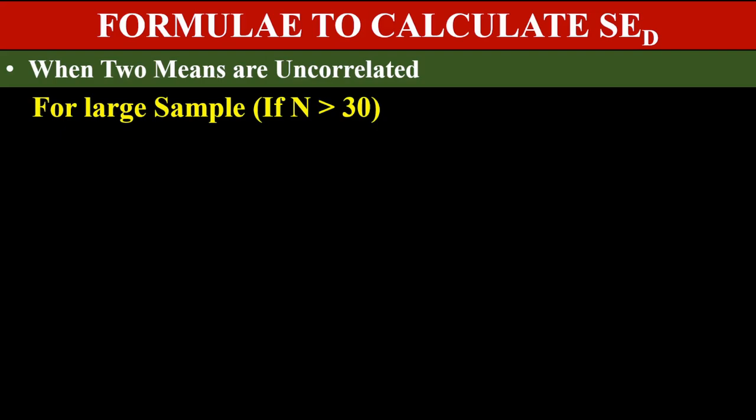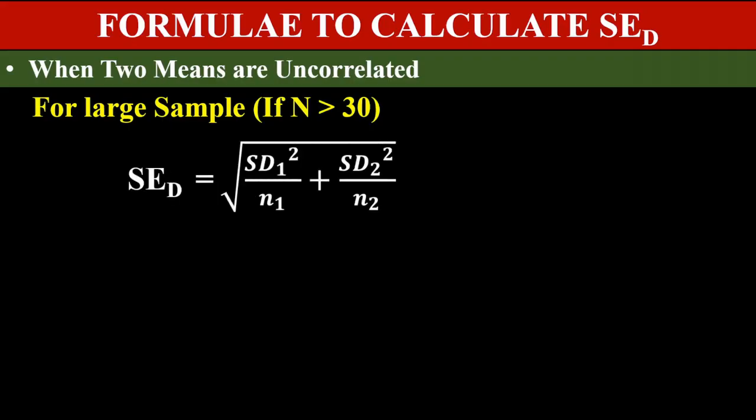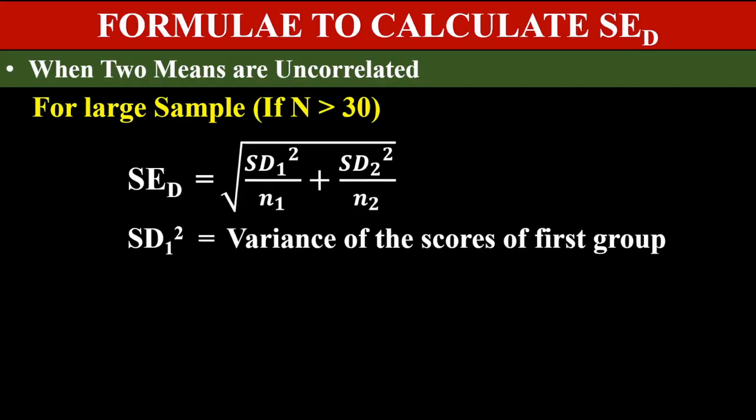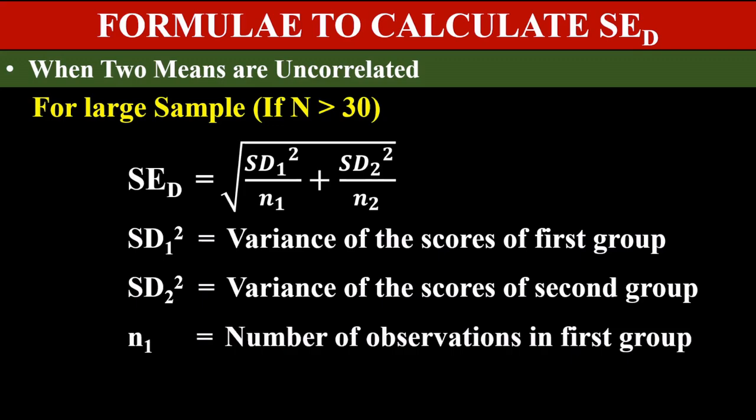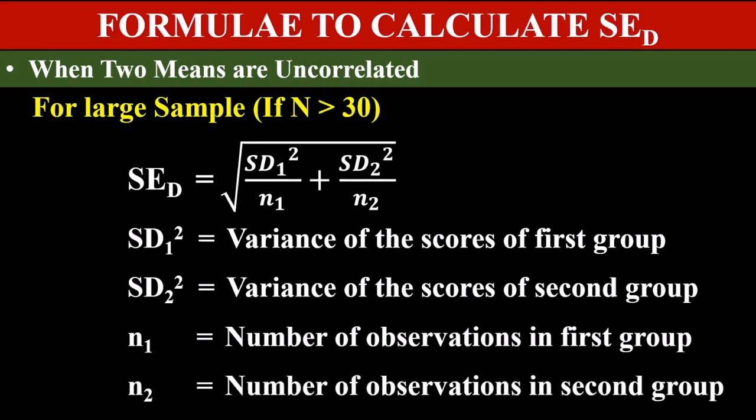For a large sample, meaning if the number of observations in the sample is more than 30, then to calculate the standard error of difference between means, SED, this formula is taken, where SED equals root of SD1 square upon N1 plus SD2 square upon N2, where SD1 square means variance of the scores of the first group, SD2 square means variance of the scores of the second group, N1 is the number of observations in the first group, and N2 the number of observations in the second group.